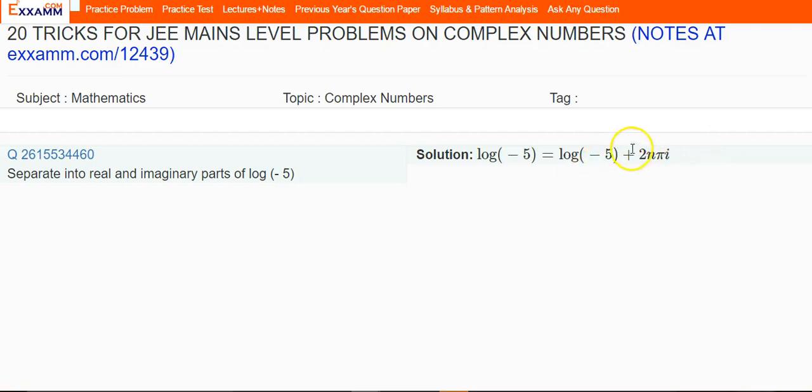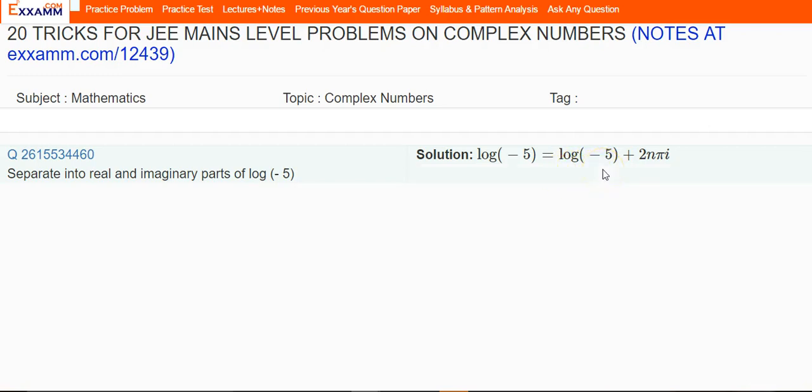Now how do we move ahead? We write this number in exponential form of a complex number, that is 5 into minus 1. Minus 1 we know can be written as cos pi plus i sin pi, that is e to the power i pi.